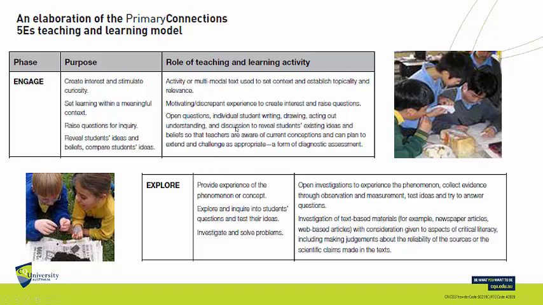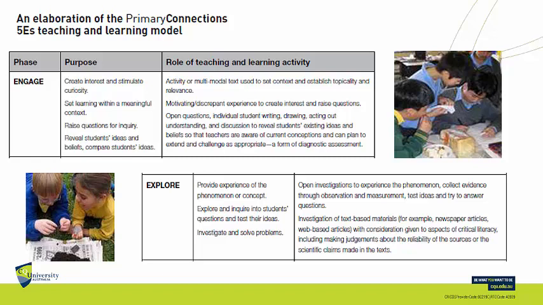Here we have the quantitative version of it, where we're setting out the scene, we're marking the terrain. We then begin to explore that. We provide experience of the phenomenal concept under question. We can explore and inquire into students' questions and test their ideas, solve their problems. This can be done through observation and measurement. We can test the ideas in classroom experiments, again, falling back on that.